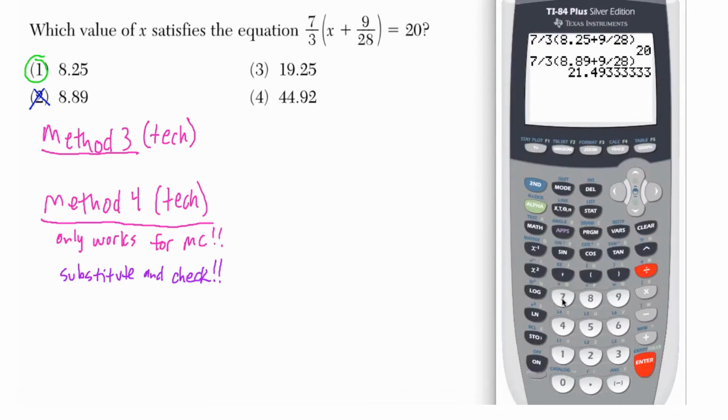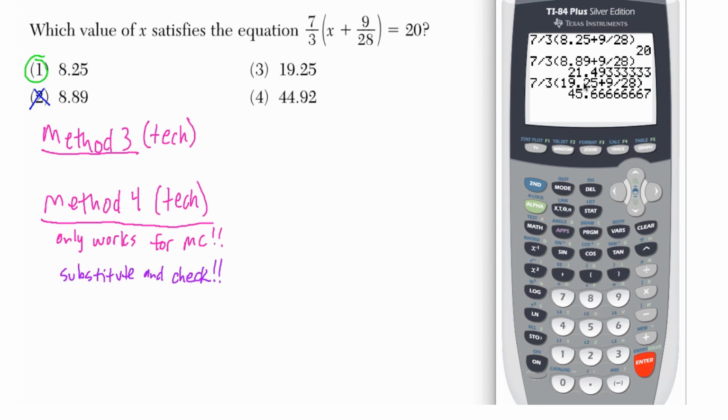And similarly, you could do it again for the third one. I mean, at this point, it's not necessary, but you can see the purpose where you would just go through each one and just quick type them in and see which one gives you, oops, that didn't work out right, to see which one gives you the 20. And so again, this is not 20, this is not a solution.